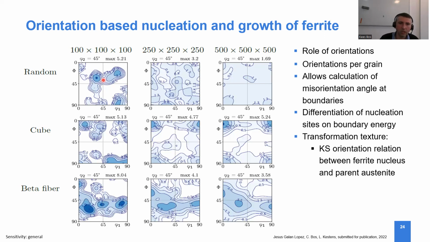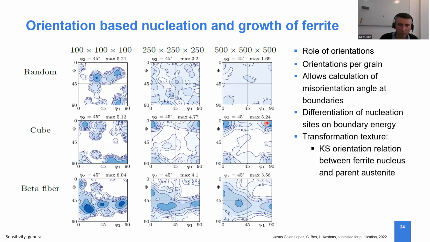But luckily we can handle this type of system sizes because the CASIPT simulations are fairly efficient. It's also to do with the way that Jesus managed to implement these orientations into the model. So I think we made a big step forward, and you can also imagine that being able to predict proper transformation textures is quite important if you want to do crystal plasticity modeling of your mechanical properties afterwards.